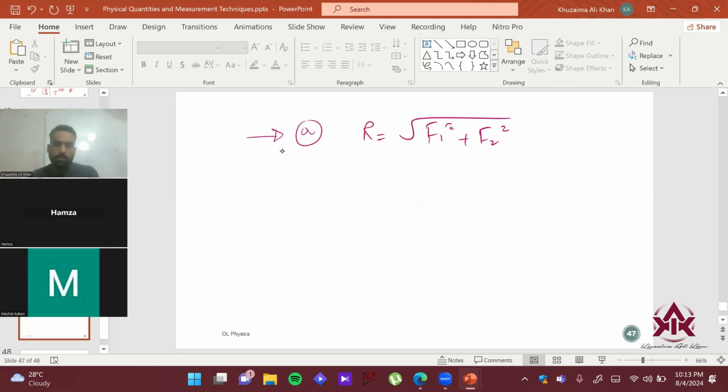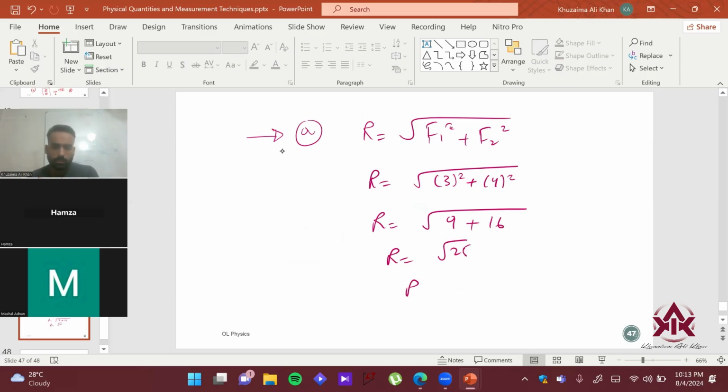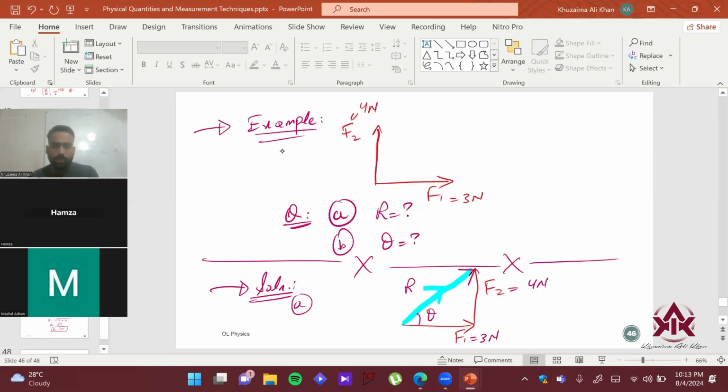R equals the square root of 3 squared plus 4 squared. 3 squared is 9, 4 squared is 16, 9 plus 16 is 25, and the square root of 25 is 5 newtons. So the value of R is 5 newtons.